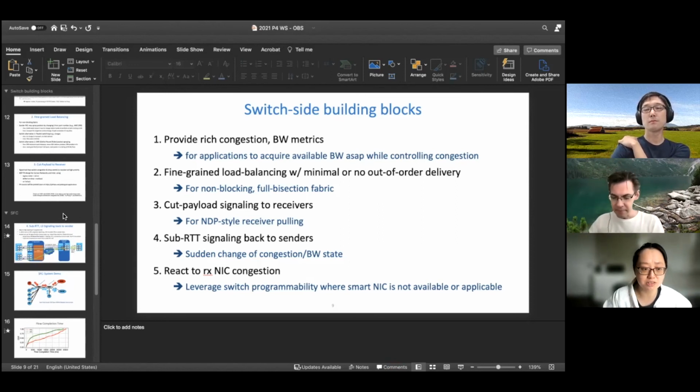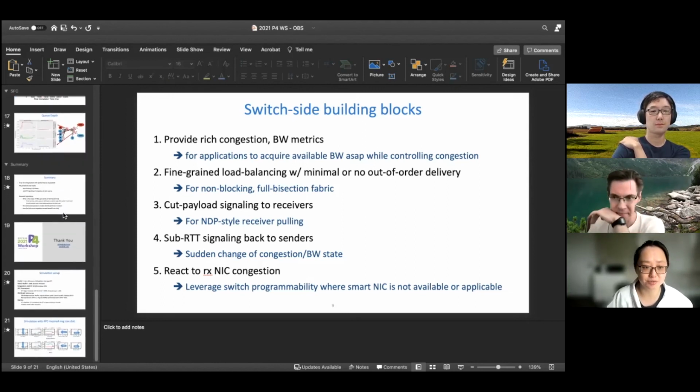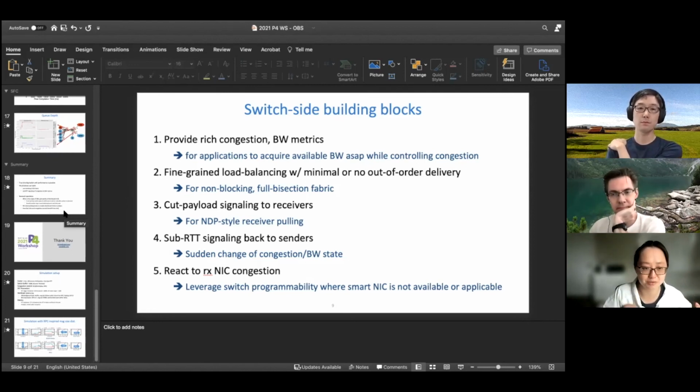Given that, what is the right kind of one big switch abstraction that you think may make it easier for customers to use? It has two parts. One is what is the abstraction for people to specify their performance? You mentioned the host model, but you also did many works in the past on other possible models.